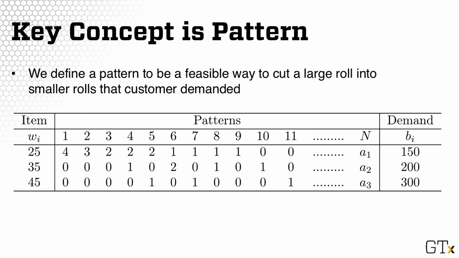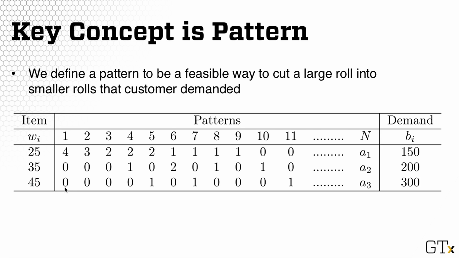As we see, patterns are feasible ways to cut a large roll into smaller ones to satisfy demand. We have seen several different examples in the last lecture. Let's put the patterns together into a matrix. So one pattern is represented as a column of, in this example, 3 elements, because we have 3 different types of demand.